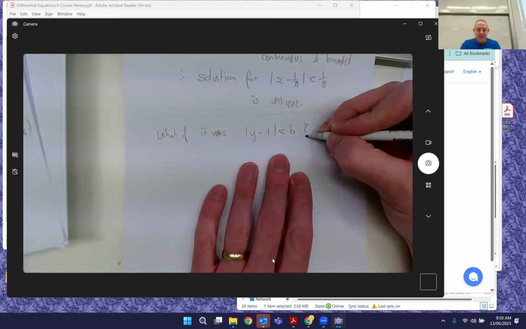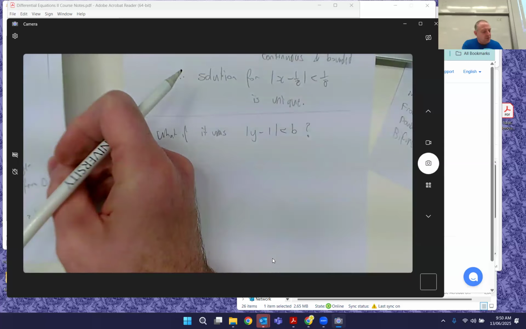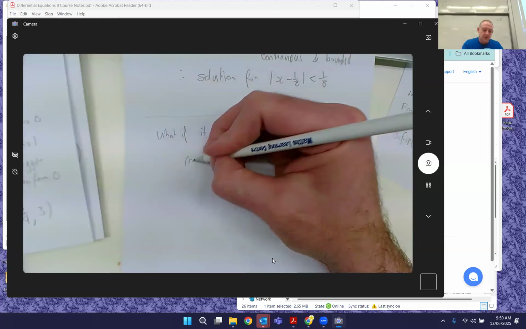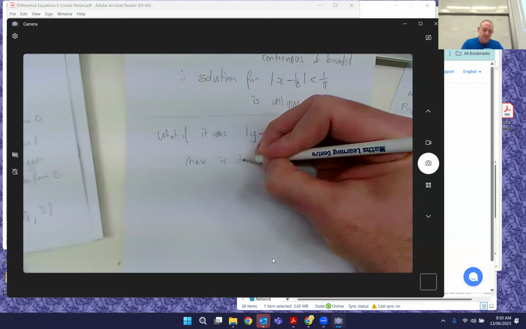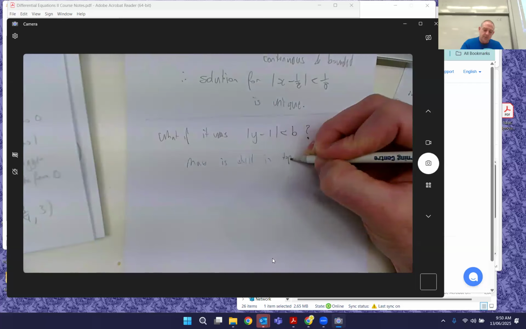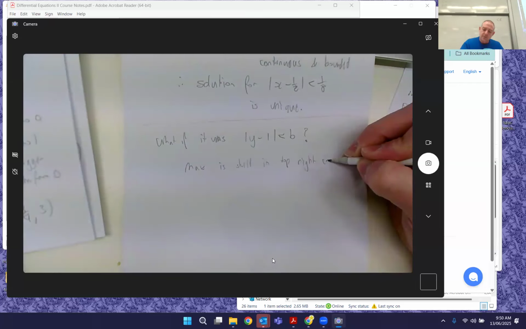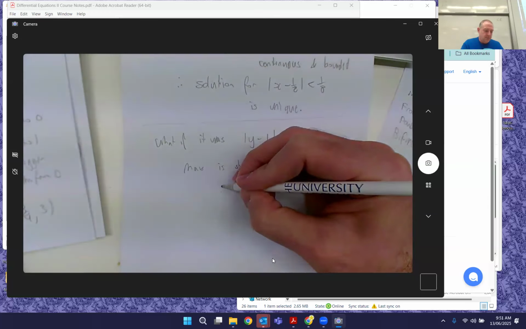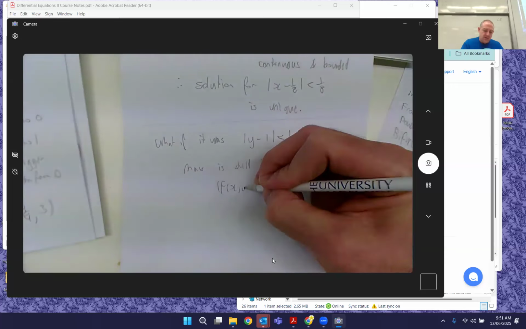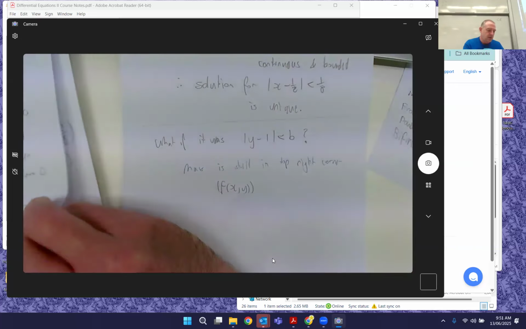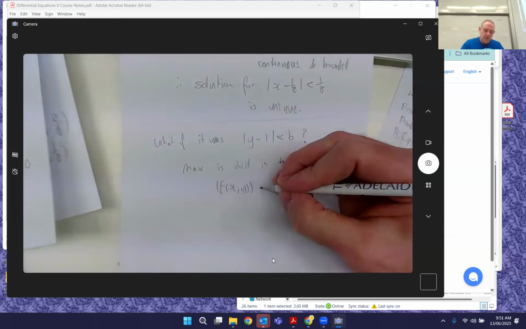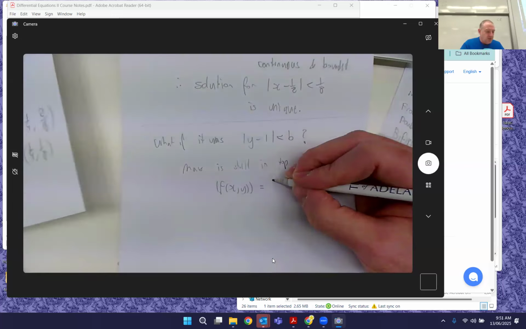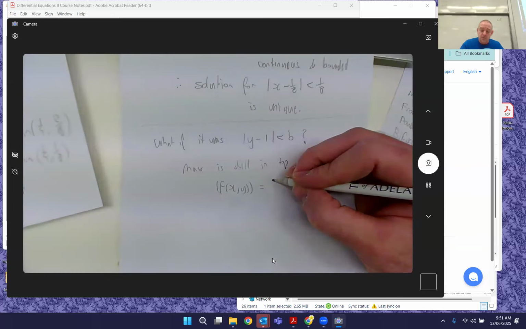What if it was that? Then what would have happened? The maximum would still have been in that top right corner, right? And so it would have been that the absolute value of x, f, y would be still at 3/4 for x.